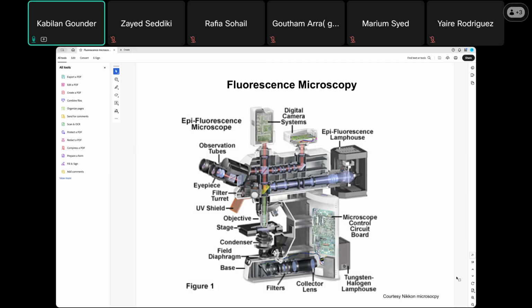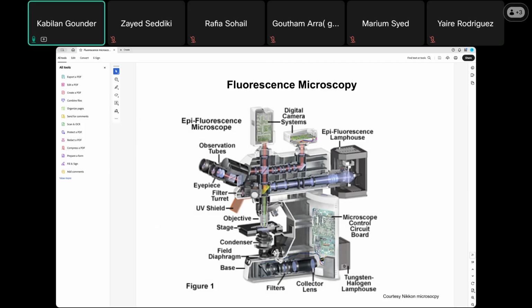This kind of microscope, along with filters, fluorescence lamps and software, all attached to the light microscope, we can call a fluorescence microscope.